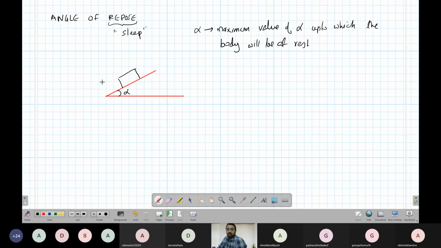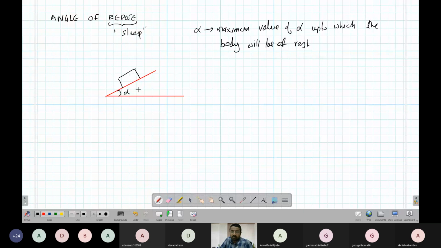You can imagine an object, I don't know whether you can see this, so I'll take a small object. At a small angle, it is at rest. After some angle, it will start to move. Up to what angle will it be at rest? That is the angle of repose.